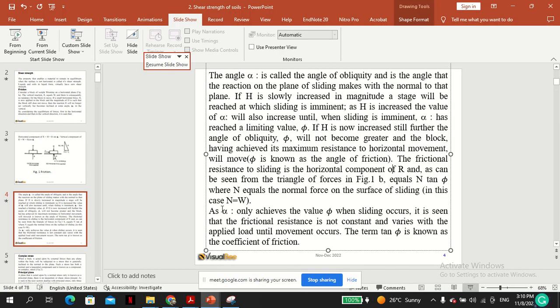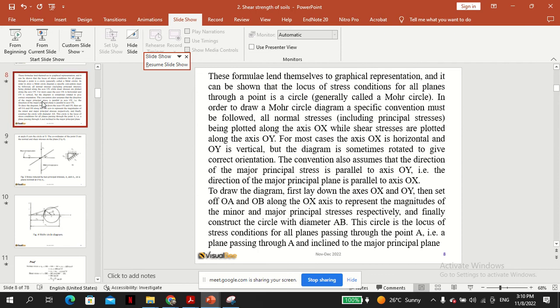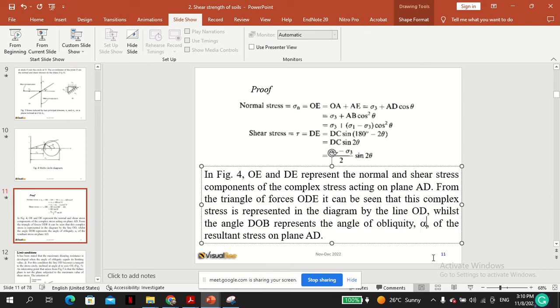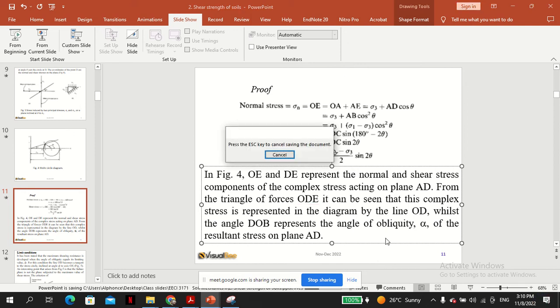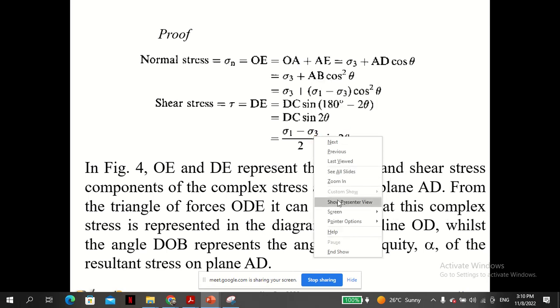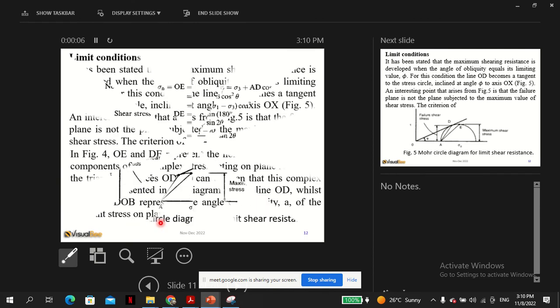So alpha represents the stress on the plane AD.